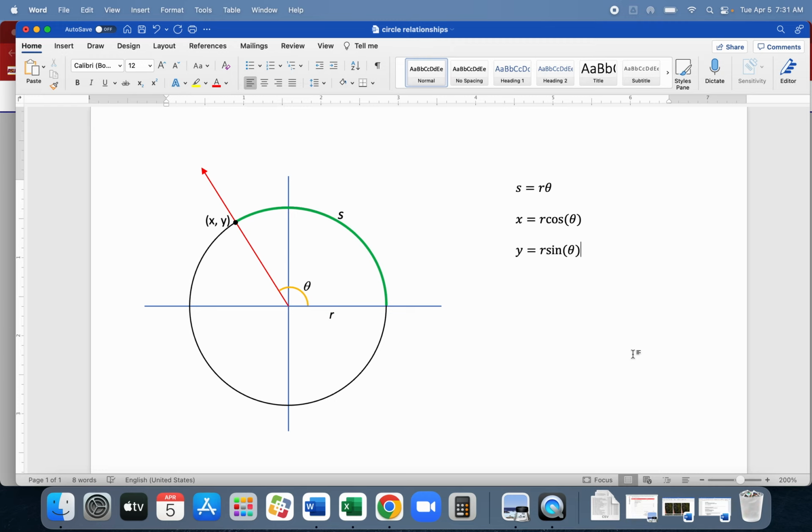But if I'm measuring in inches, centimeters, meters, miles, whatever regular length unit, as opposed to measuring in radius lengths, then all I have to do is multiply that angle by the radius length in order to get the corresponding arc length. So this green arc is the length of this radius times however many radians this central angle is.